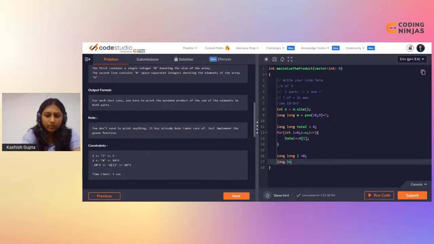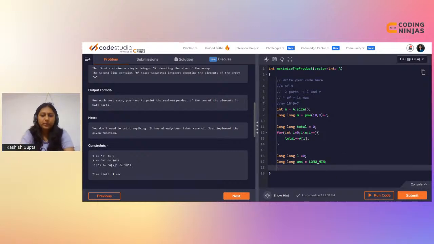Our answer equals long min. Minimum because it's possible that all the values might be negative, so we cannot initialize it with 0 since we have to return the maximum. So for all the cuts possible, let's say i is equal to 0, i is less than n minus 1, and i plus plus.